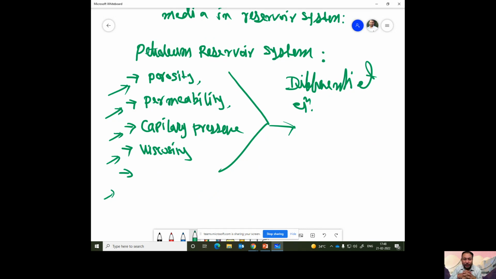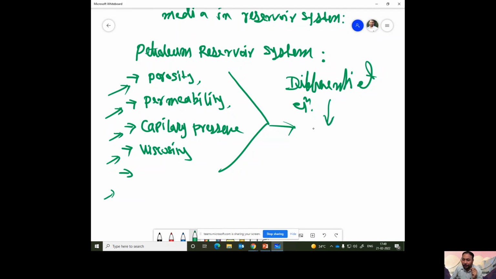Okay. If I look at the petroleum reservoir system, the system is controlled by more than one parameter. One of them is porosity, permeability, capillary pressure, viscosity, and so on. It means that the petroleum reservoir system can be defined by a differential equation with all the parameters, right?